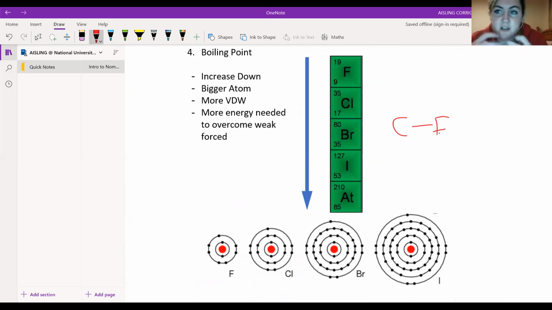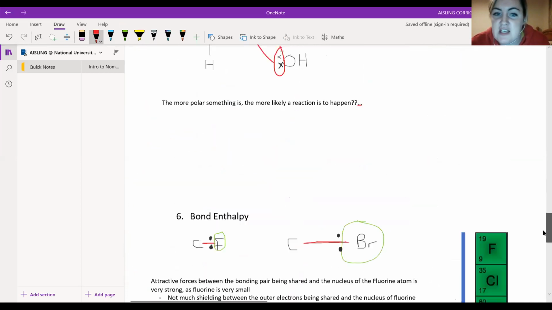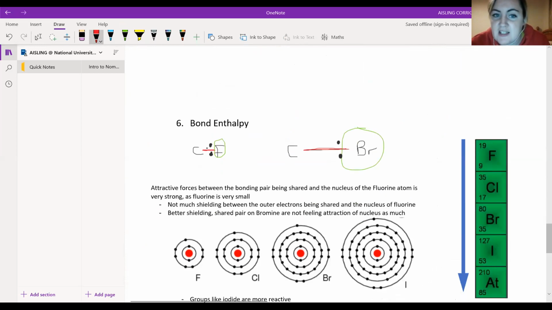But to be honest, that's not what's important here. What's important here is the amount of energy needed for the bonds to break. In this case, yes, it's electronegative, but the enthalpy is so strong because of the size of the fluorine, and the enthalpy here is so weak because of the bromine. That's what really counts when it comes to reactivity.